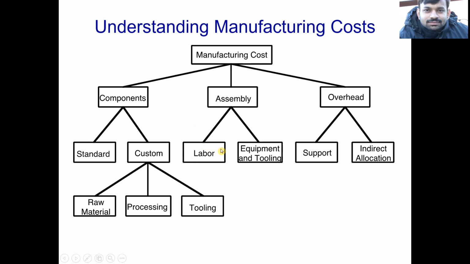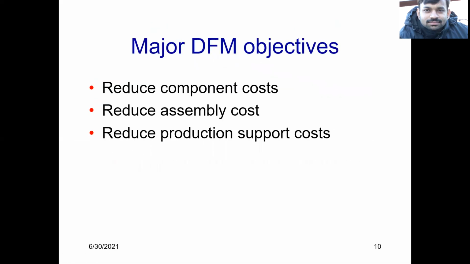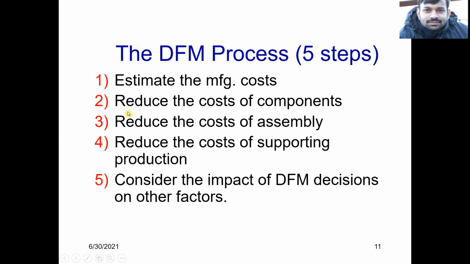Because the labor cost over there is very less, and also the equipment and tooling cost is comparatively less as compared to the US. So if Apple manufactures its phone in the US, then its price will be significantly higher as compared to an Apple phone manufactured in China. All right. So this is a classical example of how reducing the cost of assembly is done.